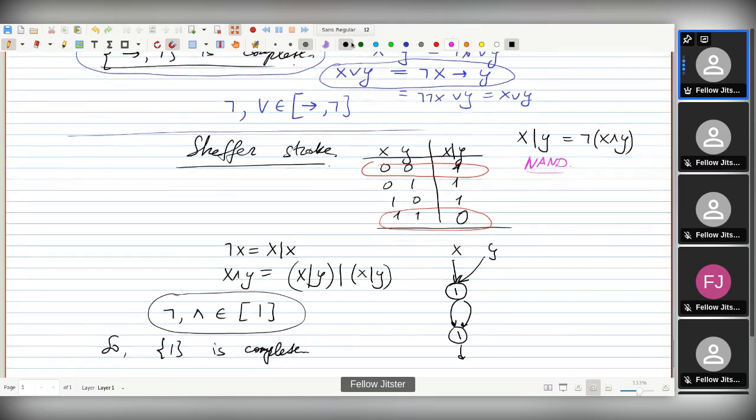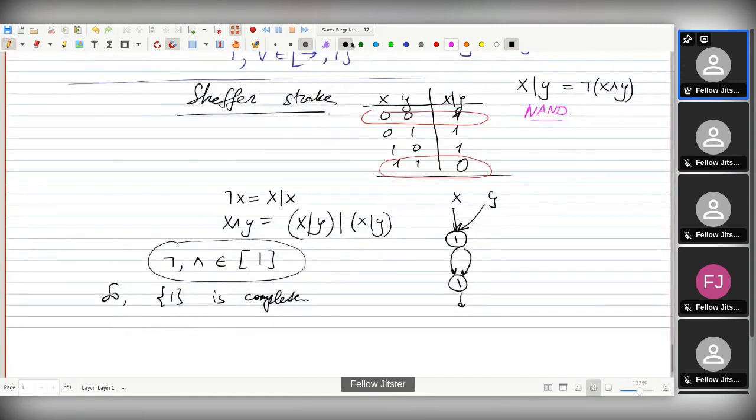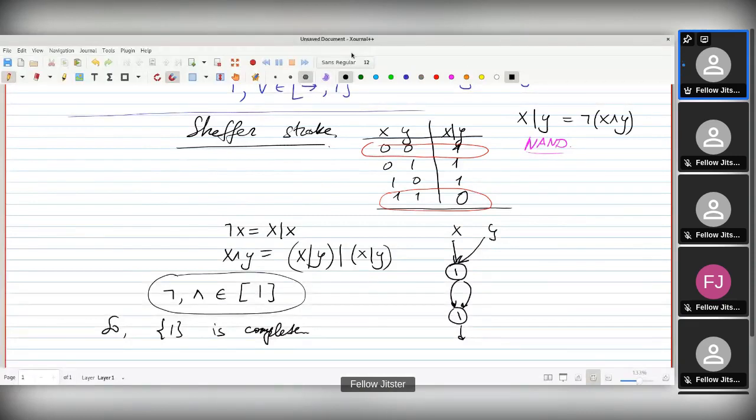It is easy to see that negated disjunction shares the same property. It is known as Peirce arrow.